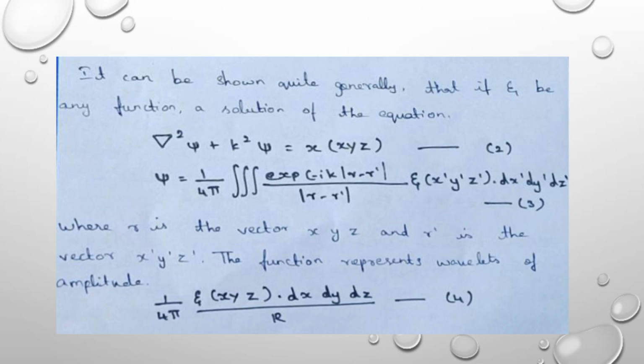Psi is equal to 1 by 4 pi triple integration rho of x dash y dash z dash e power minus i k modulus r minus r dash by modulus r minus r dash dx dash dy dash dz dash, equation 3, where r is the vector xyz and r dash is the vector x dash y dash z dash. The function represents a wavelet of amplitude 1 by 4 pi rho of xyz dx dy dz by r, the fourth equation.